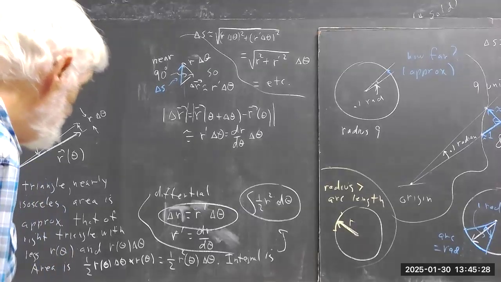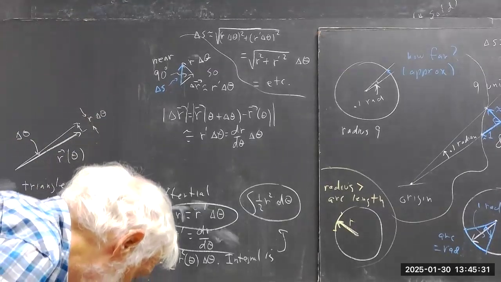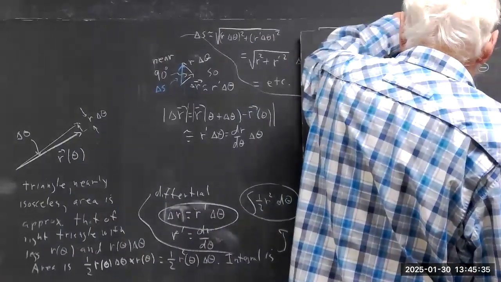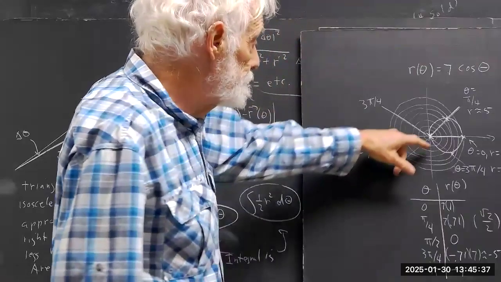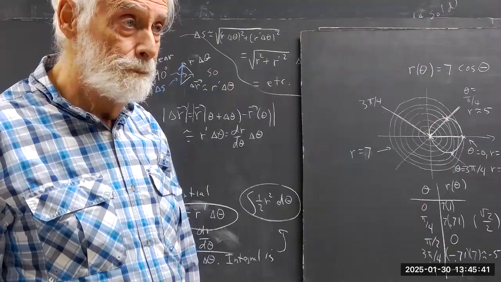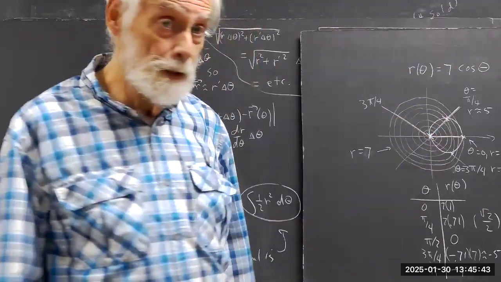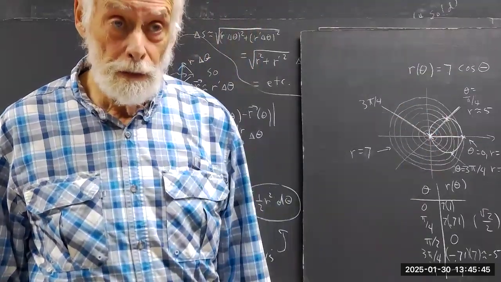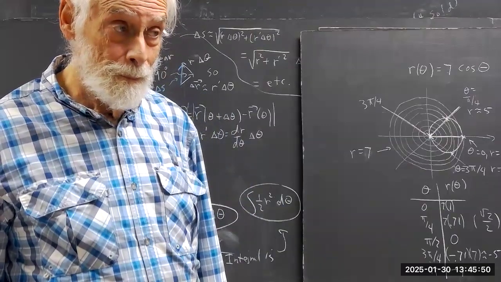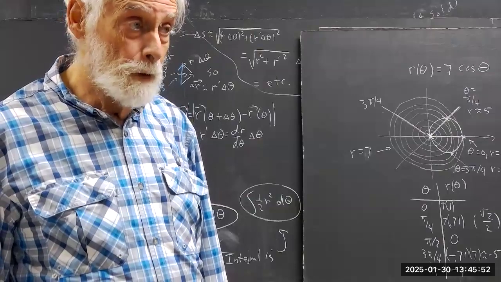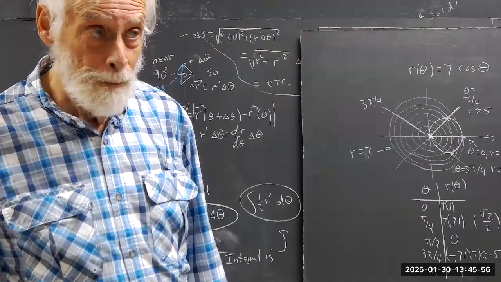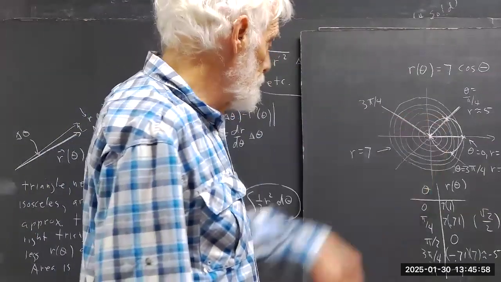So for example, we'll do this to make sure I'm not screwing something up. What's the area of this circle? If this is a circle, which I claim it is, its radius is 3.5. Square 3.5, you get 12.25. Multiply that by pi, you get about 40. So the area of this circle ought to be about 40.